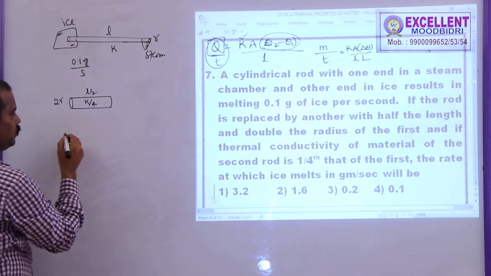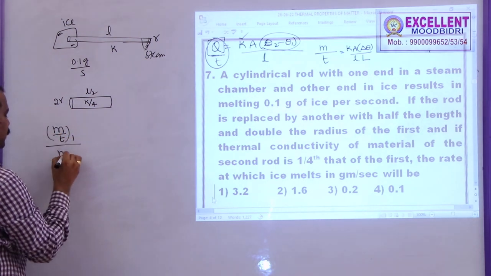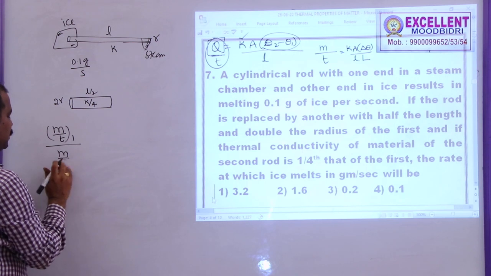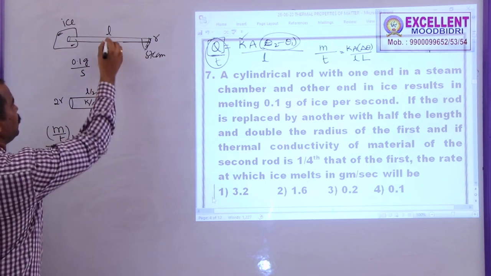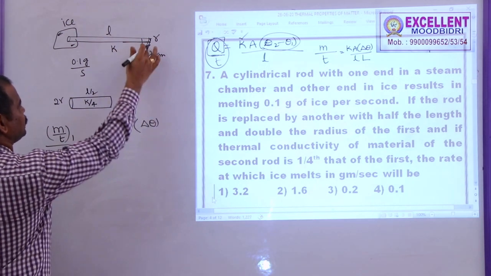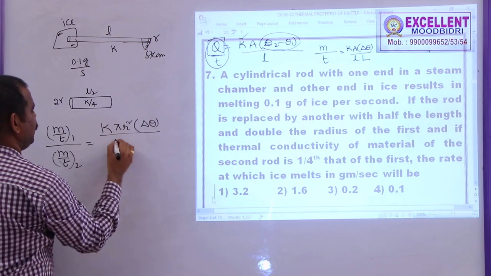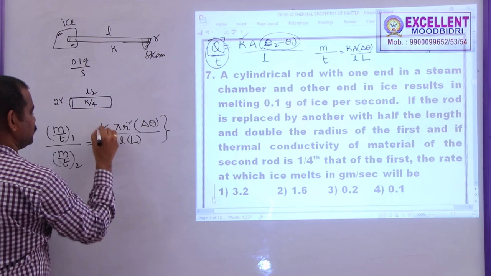So now what I am going to do: the mass of ice melted per unit time in the first case, by the mass of ice melted in the second case, is given by, first one, K, area πR², change in temperature as it is steam and ice, by length of this rod L, latent heat L. This is the first case.